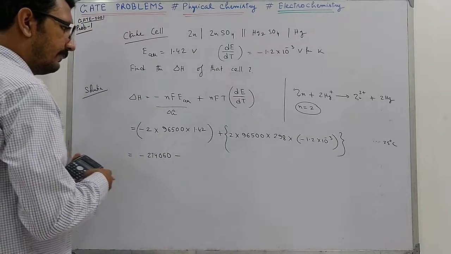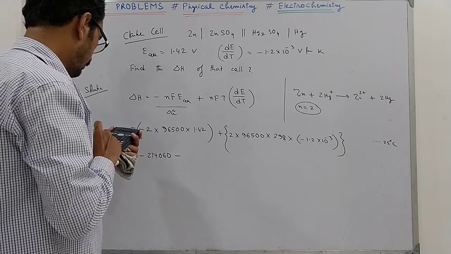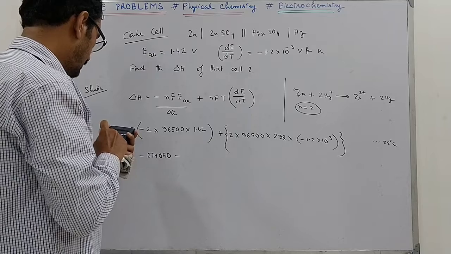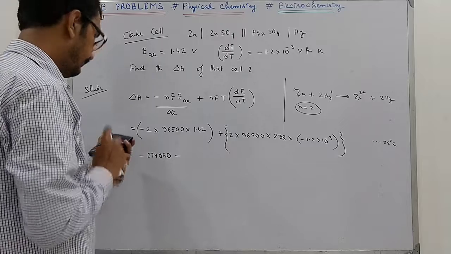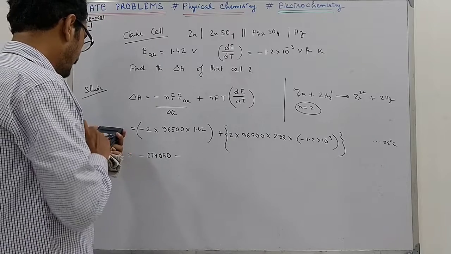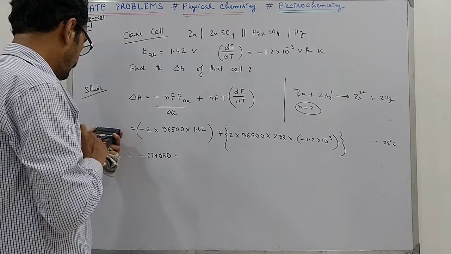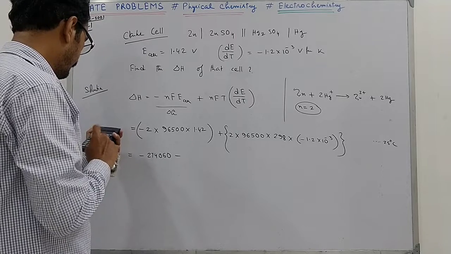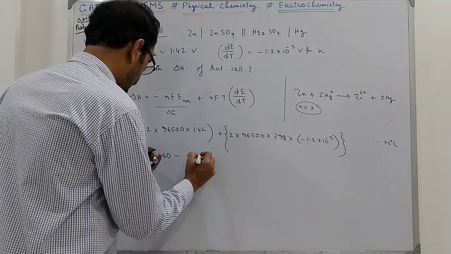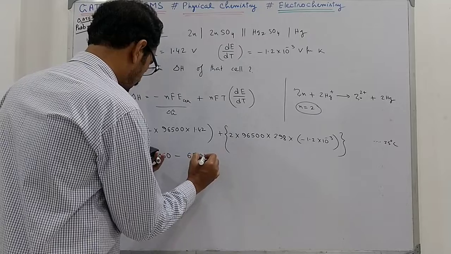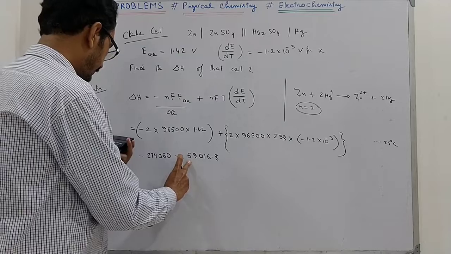Now minus 2 into 96500 into 298 into 1.2 divided by 1000. So it is 69016.8.